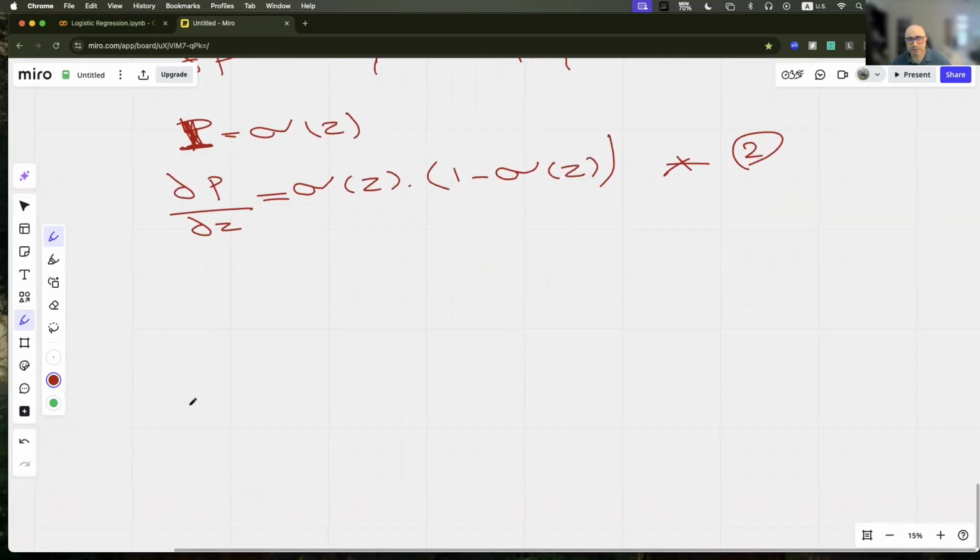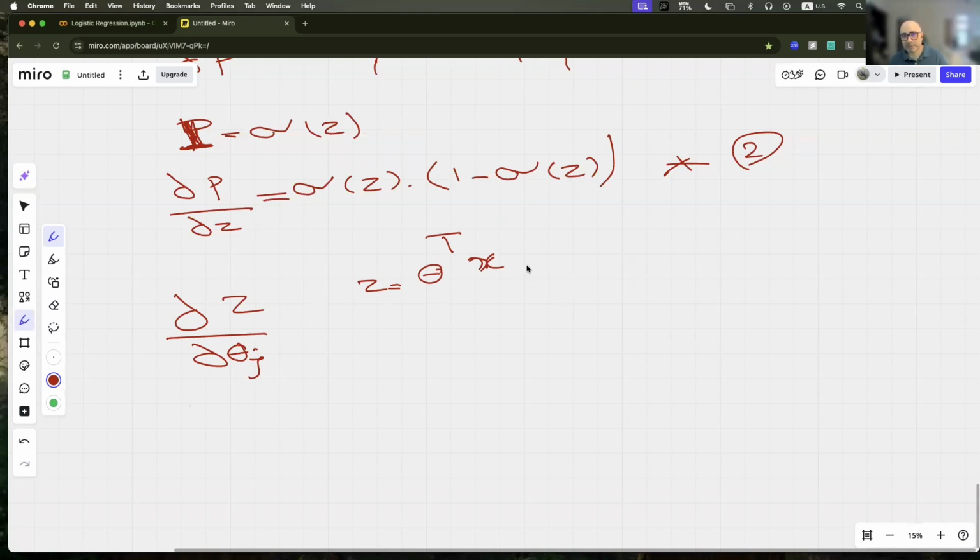The third term is the derivative of z with respect to theta j. We define z as this formula up there, and again these are vectors multiplied by each other.